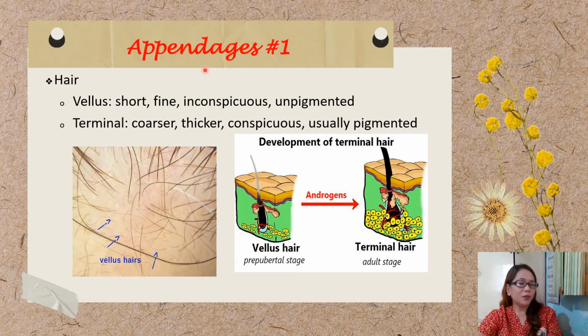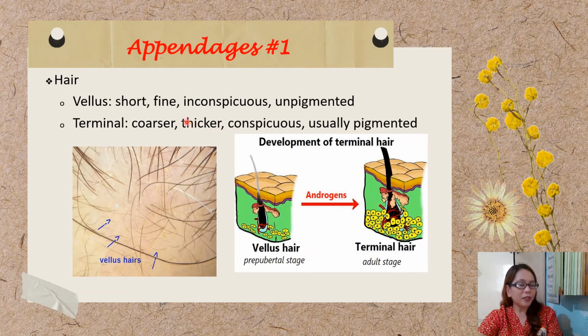Okay, so moving on to the appendages of the skin, we have the hair. So look at the picture. Okay, there are two types of hair, the vellus and the terminal. So the vellus hair is usually seen during the pre-pubertal stage.